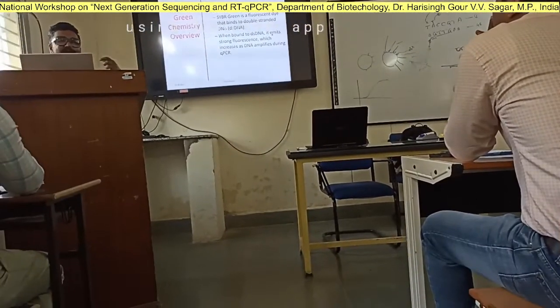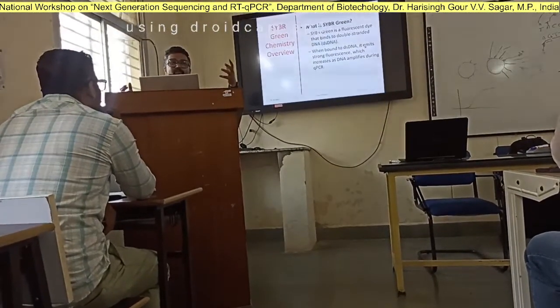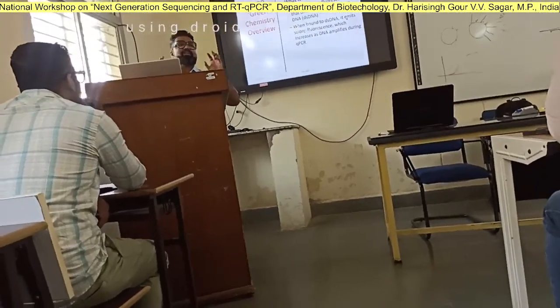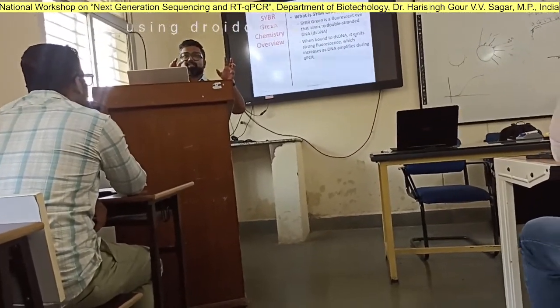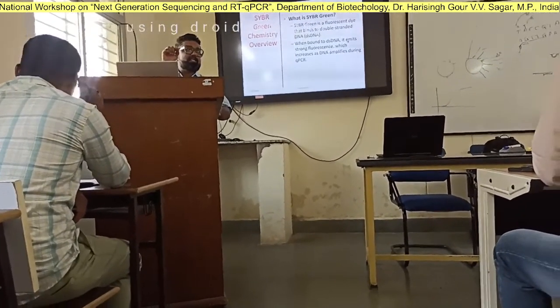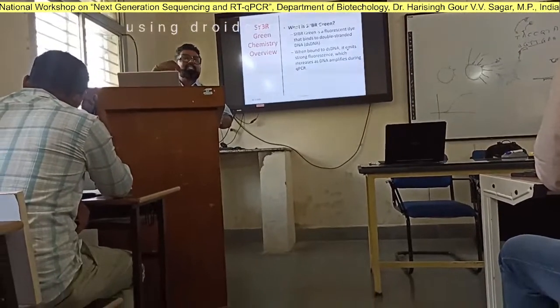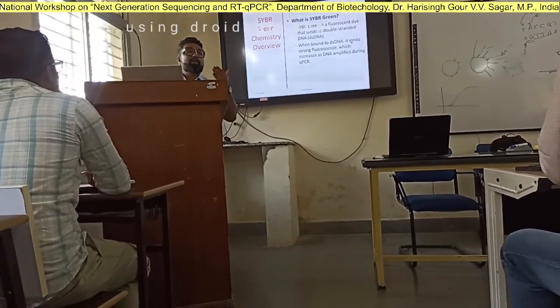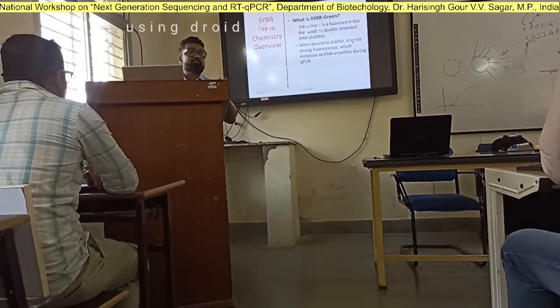All the dye falls off. Now again at 60 degrees Celsius, when there is again an extension, your dye again goes and binds to the double stranded DNA. Again you put strong laser light on your tube. There is fluorescence and you measure how much DNA is being produced.